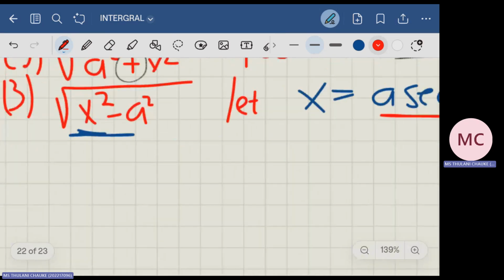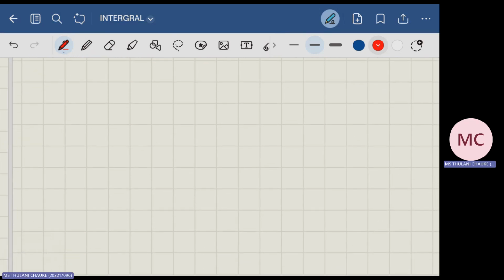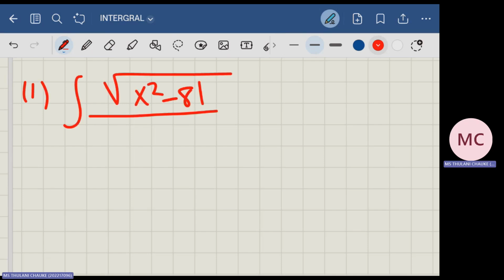So now let's do a question that will help us with this. Let's say number 1, you are having the integral of the root of x squared minus 1 over x squared dx.